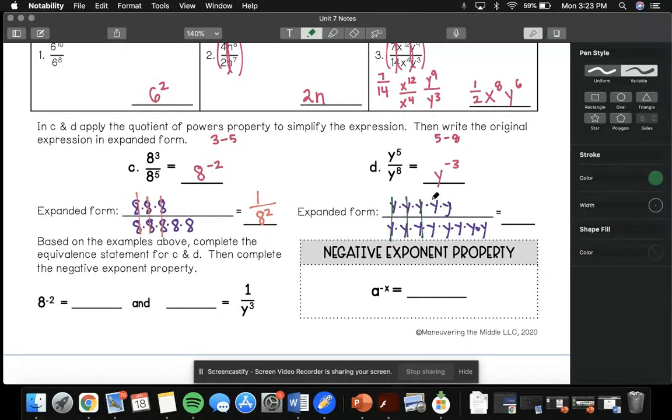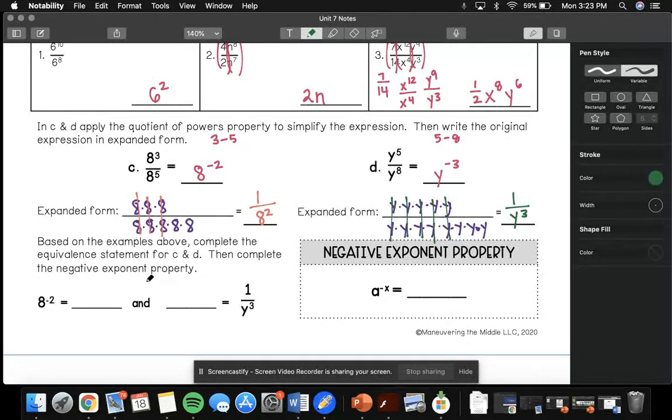Another 1, another 1, another 1, another 1. Okay. So in my numerator, I don't have anything besides 1s. Okay. And then in my denominator, I have y times y times y, which would be equivalent to y to the 3rd power.